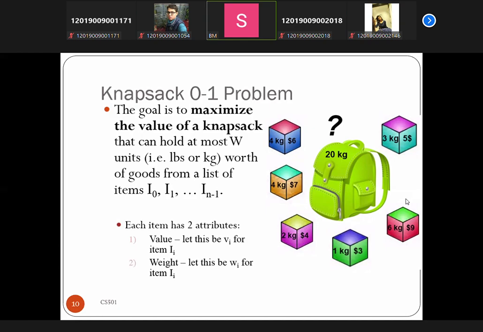What is the specialty of the dynamic approach? Dynamic approach means you have to go for all possibilities, and at the end you will decide which is the best.